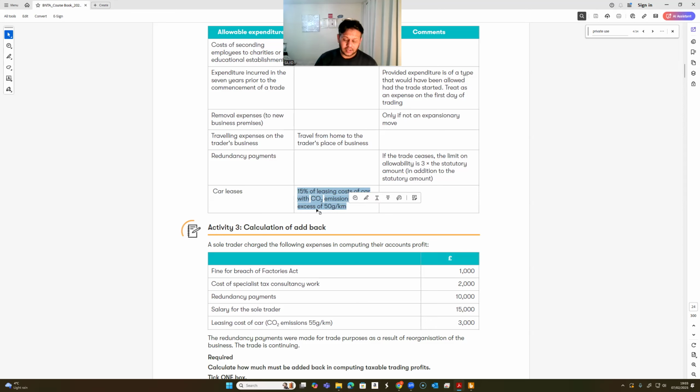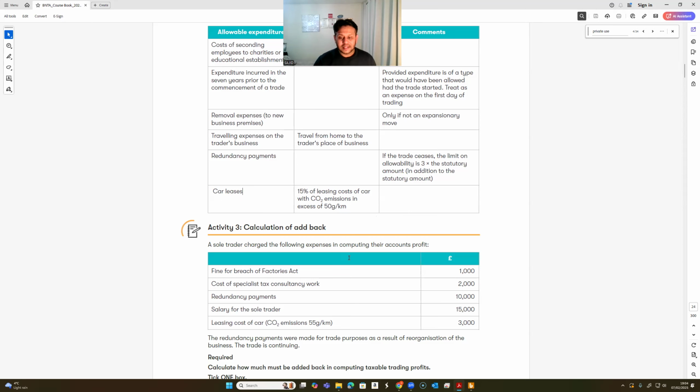So if the car is more than 50 grams, we have to multiply by 15% and add back because 15% is disallowable. But if it is less than 50 grams, the whole amount will be allowable. All the car lease cost will be allowable.